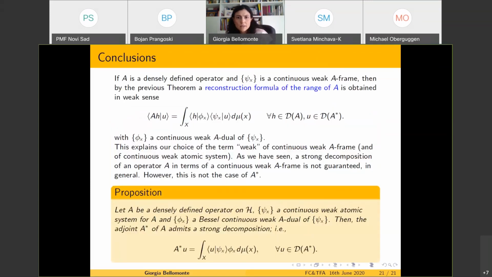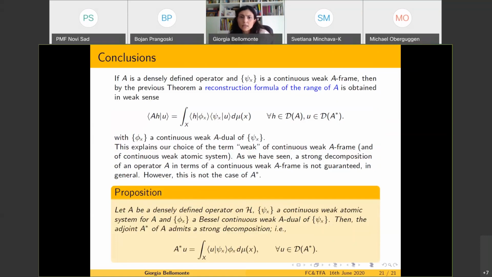And the last thing I want to say is that if A is a densely defined operator and psi is a continuous weak A-frame, by the previous theorem we can give this reconstruction formula of the range of A, of course in weak sense, and this is why we chose the term weak for our definitions.